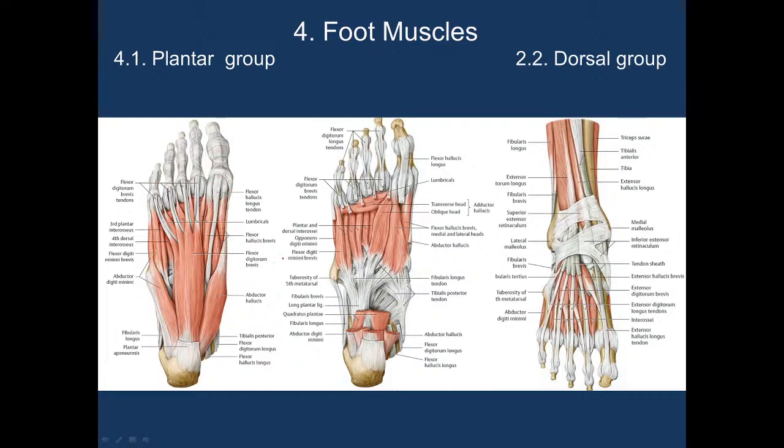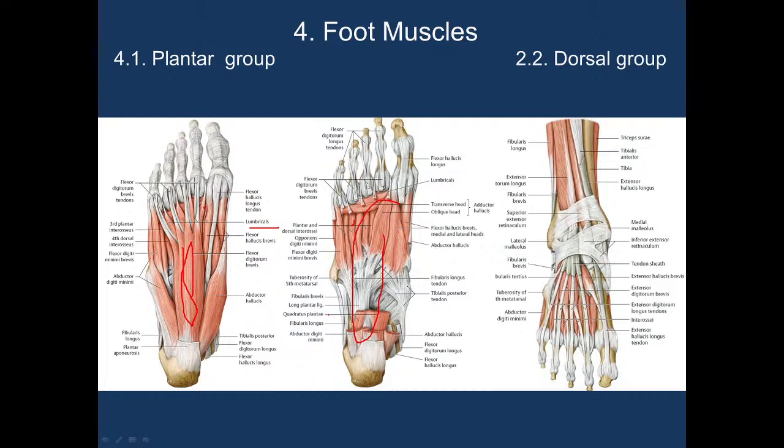That is a difference, and we also have more muscles in the middle group of the foot, where we distinguish plantar and dorsal interosseous muscles, as well as lumbricals muscles, and two new muscles we don't have in the hand.